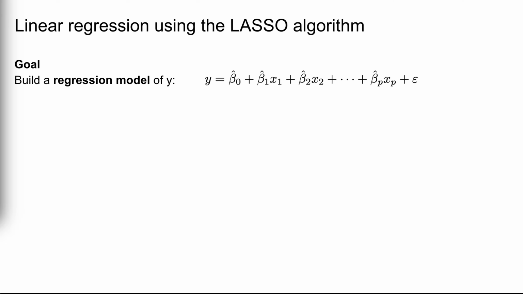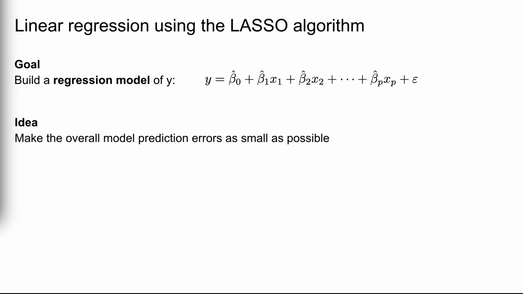The goal behind the LASSO is the same as for least squares: to build a regression model of some response variable y by predictors x. In working toward this goal, the idea behind the LASSO builds upon that behind the least squares. Not only do we want to make the overall model prediction errors as small as possible, we want to do so without overfitting our model to the sample data.